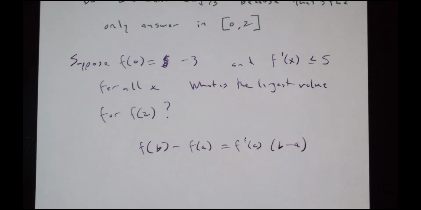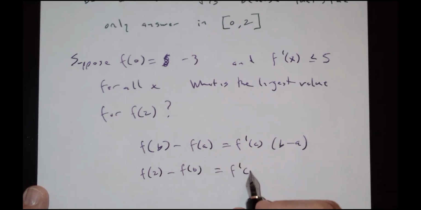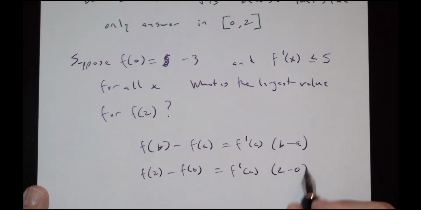Let's use 0 and 2 for b and a. So f of 2 minus f of 0 is equal to f prime of c times 2 minus 0.